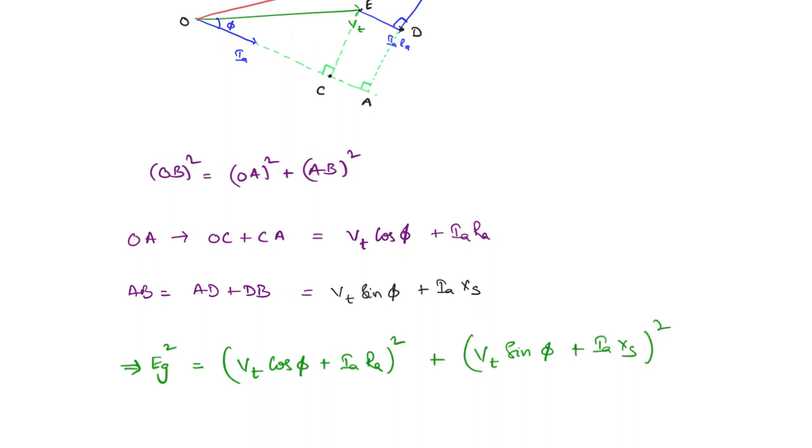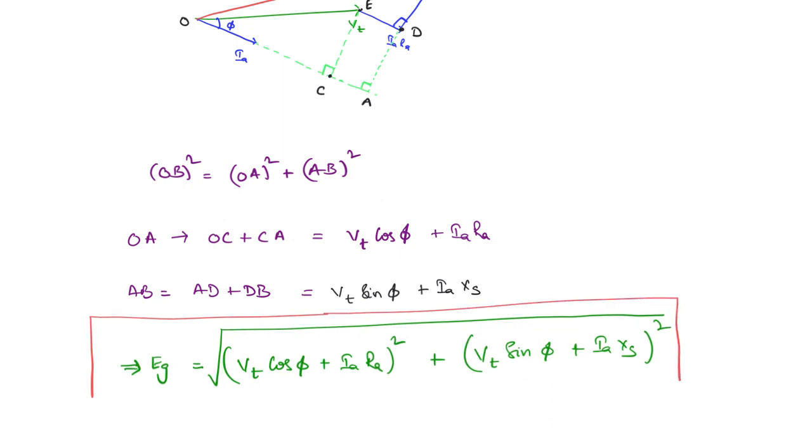Okay. So if you take the root, that means instead of Eg square, then you are going to get root over this quantity. Okay. So this is how you express the generated voltage when the load is lagging.